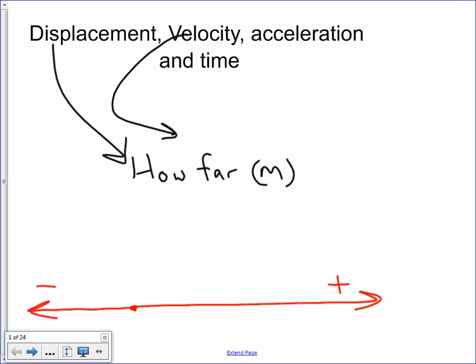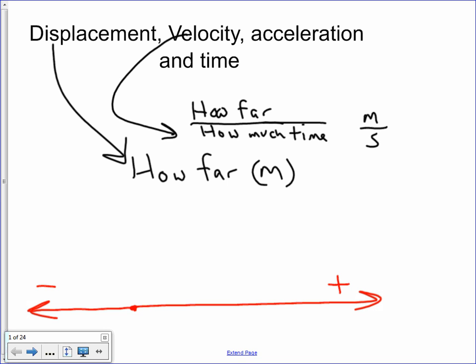Velocity would be how far divided by how long it takes us, how much time, or meters per second, if we're going to use a metric kind of thing.